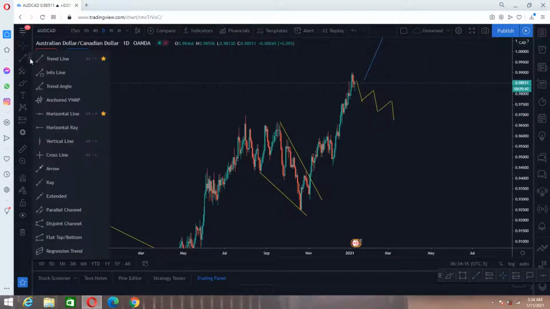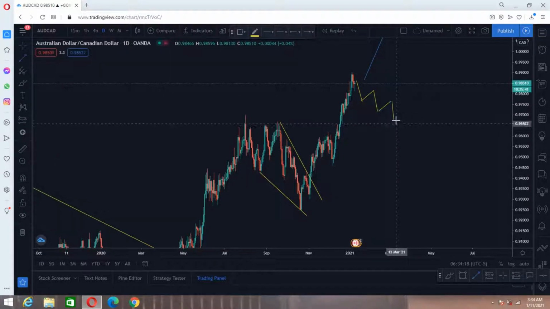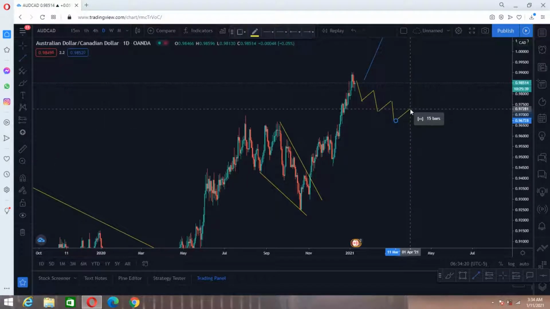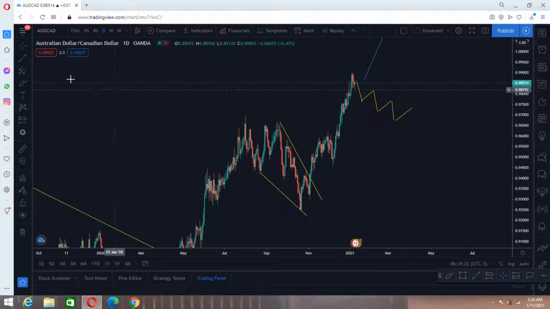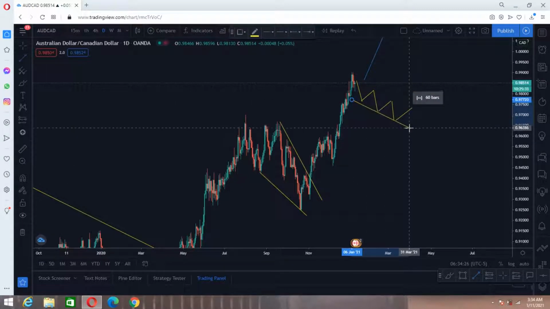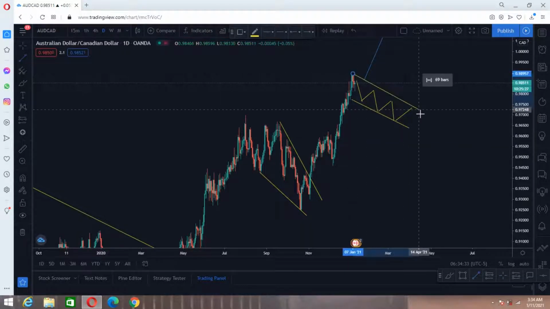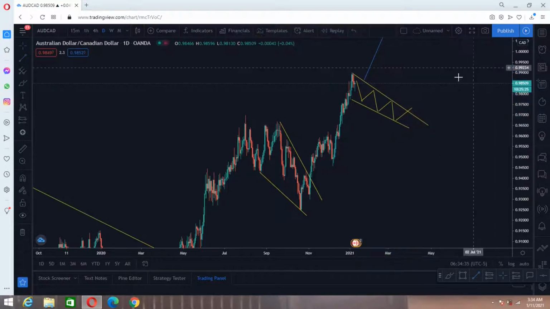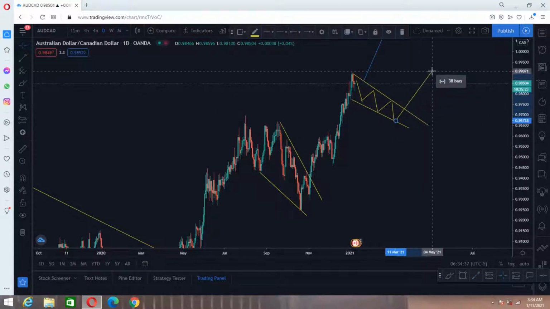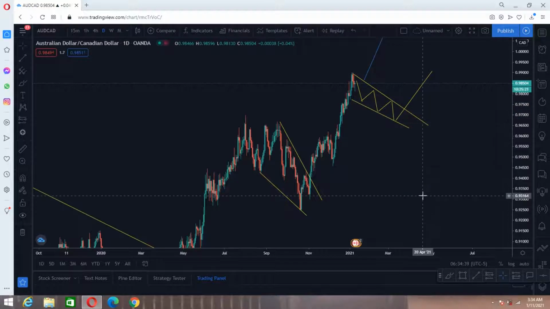So this is what I'll be expecting on AUD CAD in order for me to enter my buy entries. A beautiful continuation to the upside. This is what I'll be looking for.